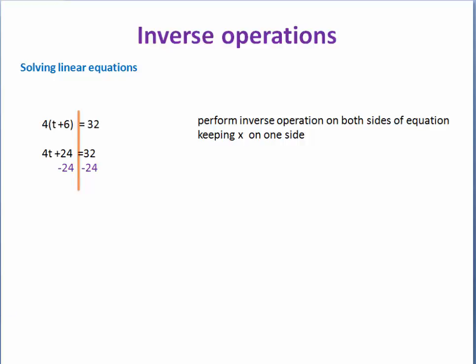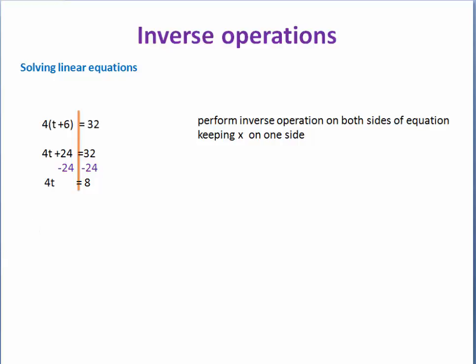So now we get rid of our plus 24 by doing the inverse, which is minus 24 on both sides of the equation. When we do that, we get rid of the plus 24. So 4t plus 24 minus 24 is 4t. 32 minus 24 is 8.